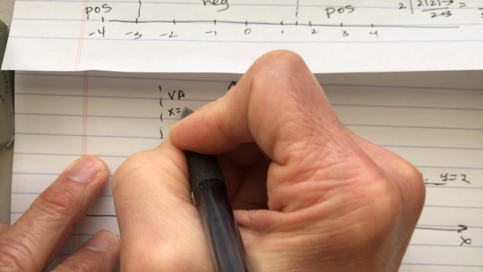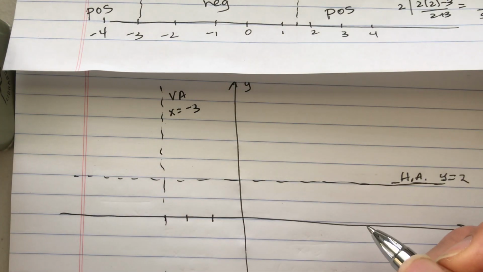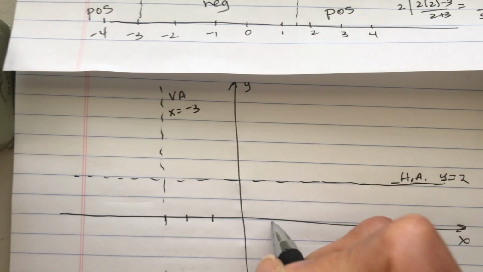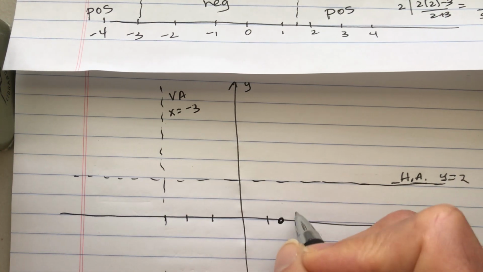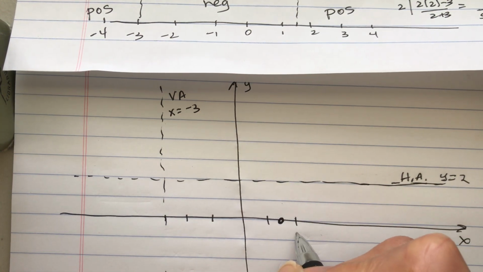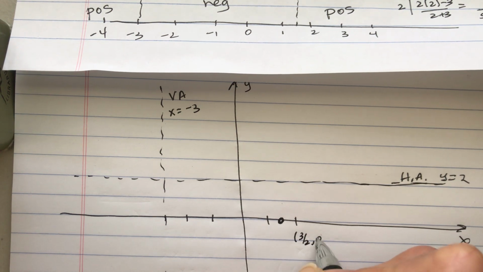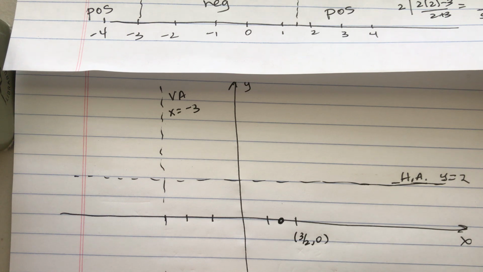X equals -3. And we have a 0, which is an x-intercept at 3/2. Okay, so, and then the y-intercept was -1.